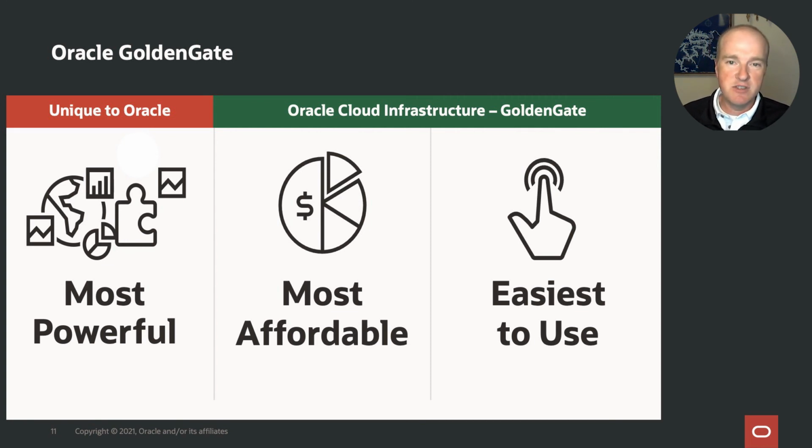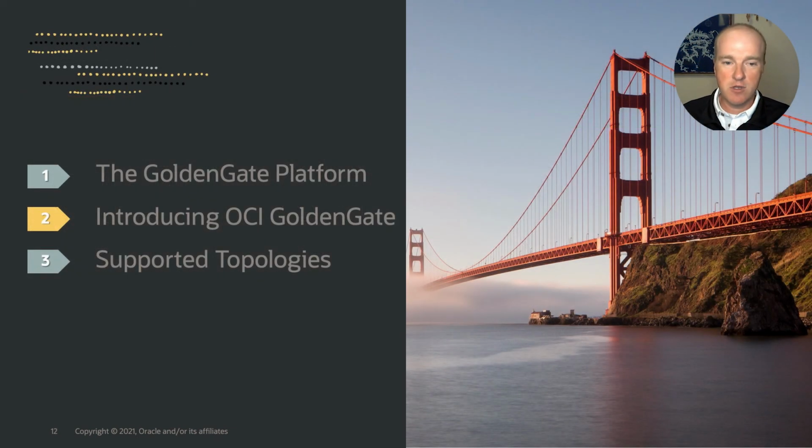It's very easy to create a replication service, very easy to create an extract and a replicat, and very easy to manage and monitor this service. And like we said, it's fully managed, so we provide backups and restores and other items that we'll get into as we go into more details of OCI GoldenGate.